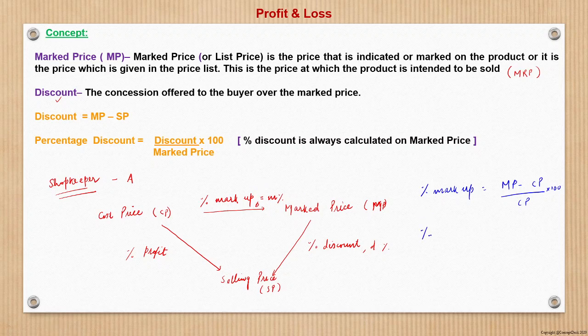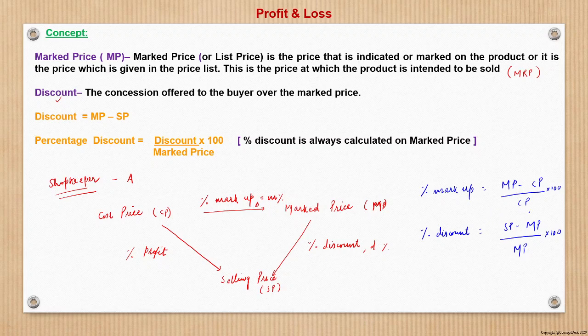Now similarly, percentage discount, we can say, is nothing but the selling price minus marked price upon marked price into 100. So from here we can say that discount is always given on the marked price.